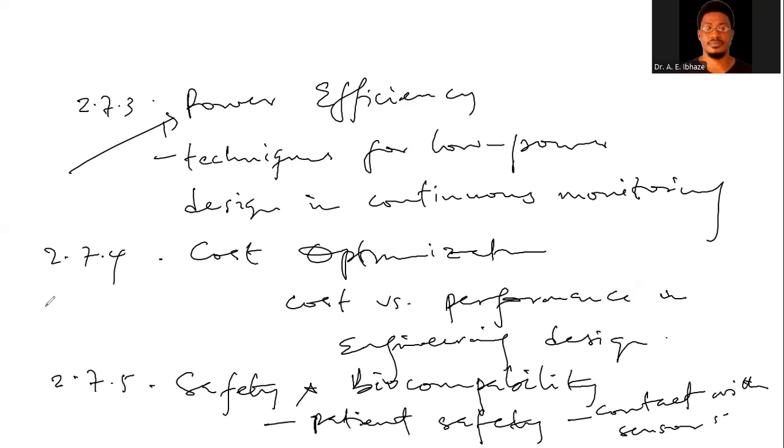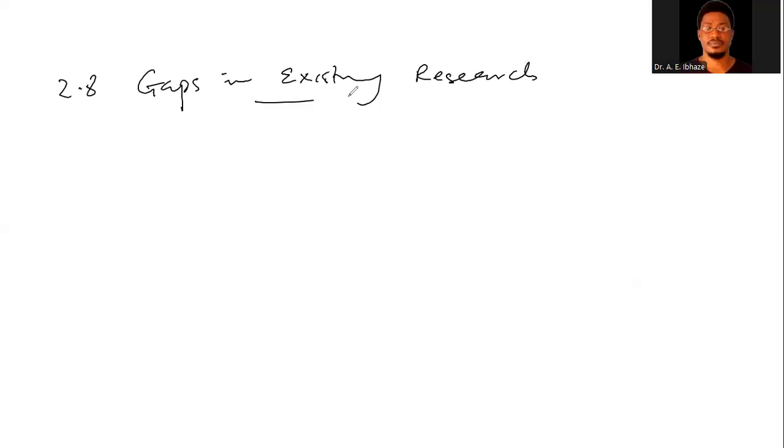So once you've done this, then you can now come up to gaps in existing research. Now, I must mention this now. Looking up the previous sessions, you were literally identifying gaps relative to the topic of your subsession.